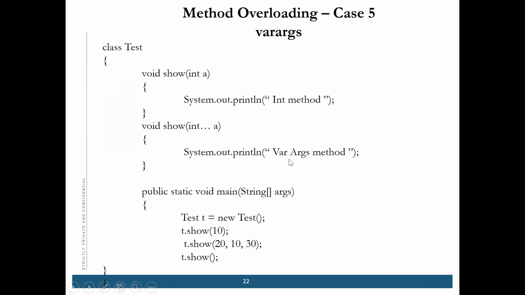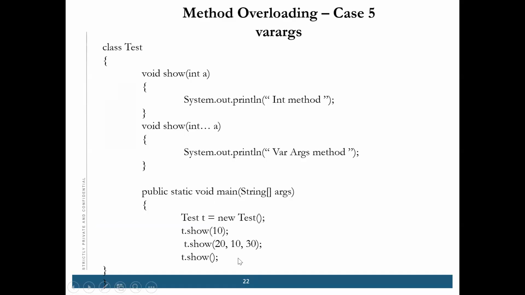This is also not very important, just one more argument we can pass. There are 3 dots, and if you write that, you can pass any number of integers, only integer, no other data type.